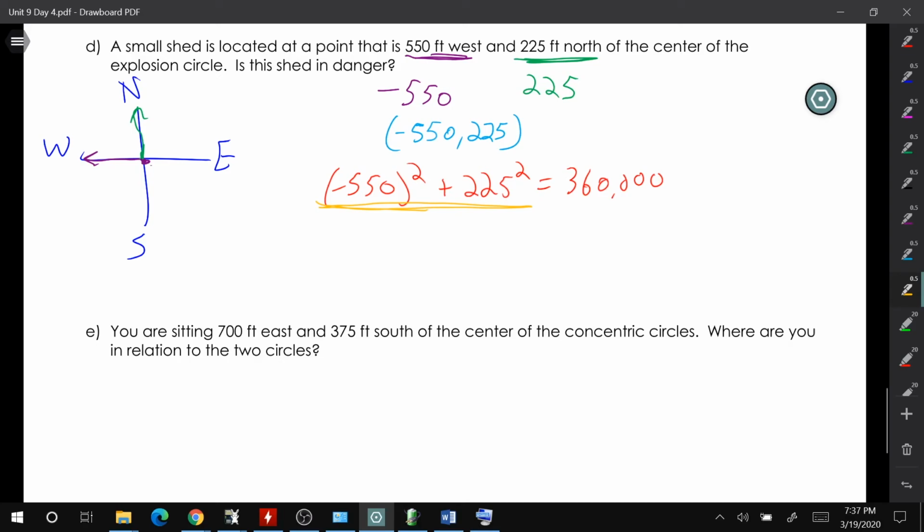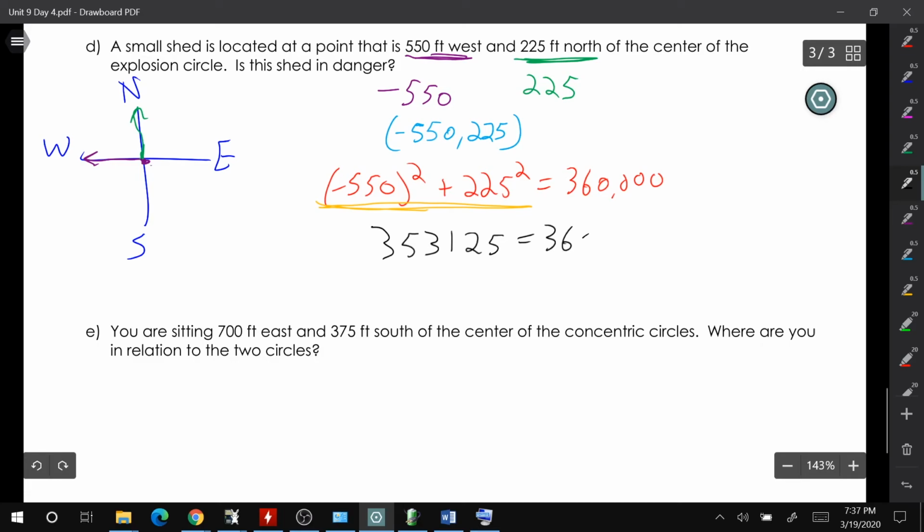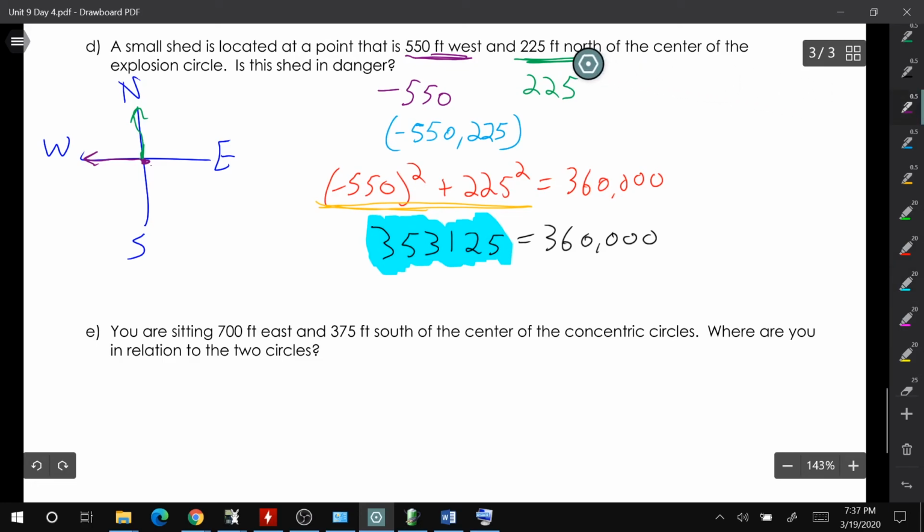When I do that, I get 353,125. Well, this is not true. The left side is smaller. So that means that the shed is inside the circle, and it's in danger.